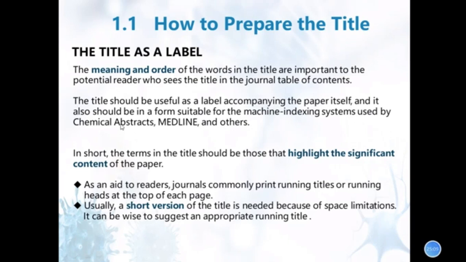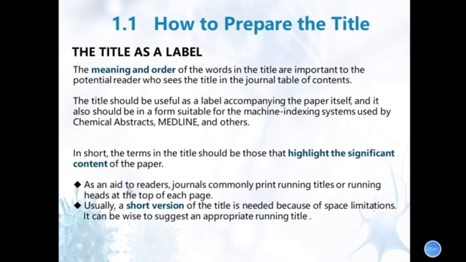It should also be in a form suitable for the machine indexing systems used by, like, Chemical Abstracts, Medline, or others. In short, the terms in the title should be those that highlight the significant contents of the paper.